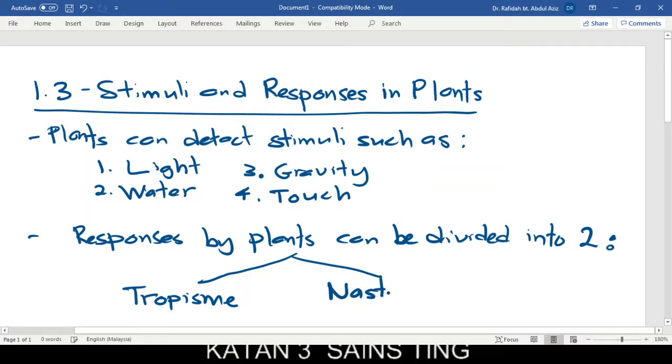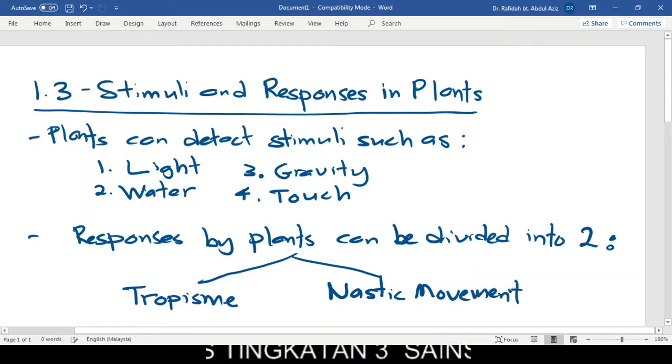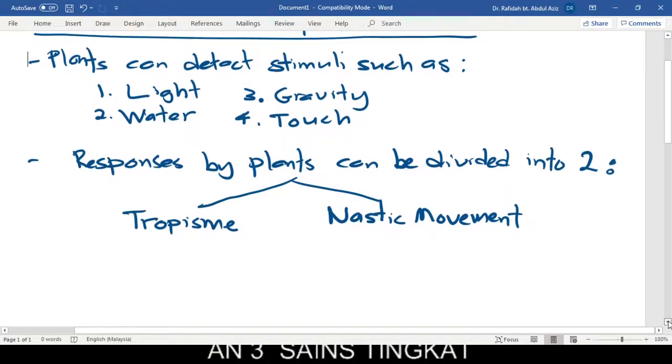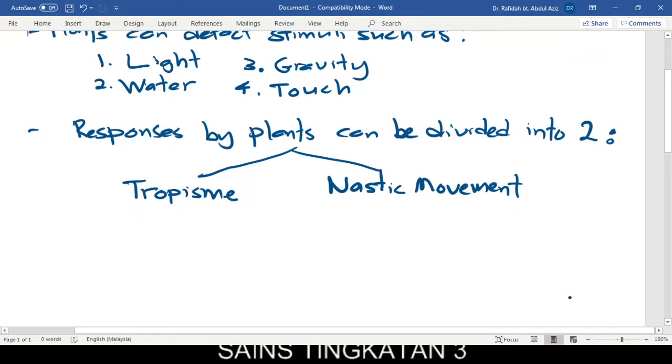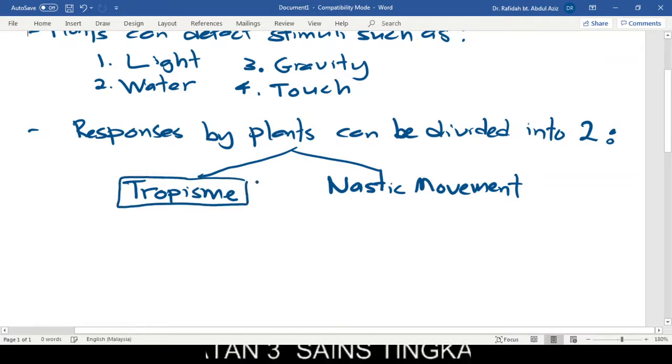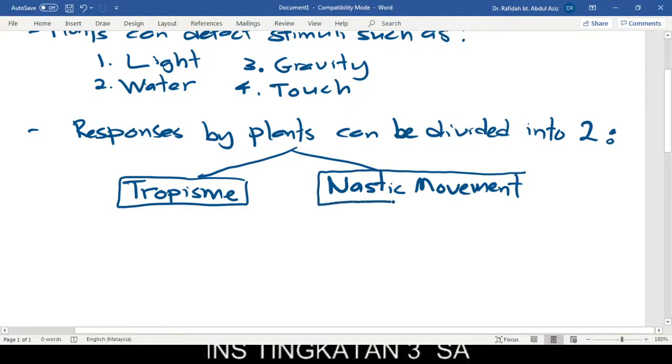These two types of responses by plant, tropism and Nastic movement, have their own characteristic.